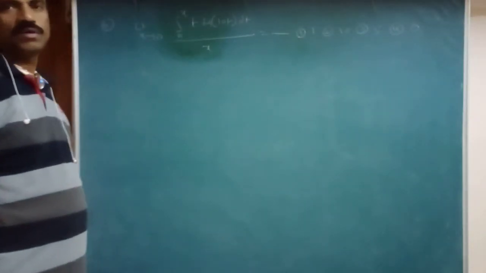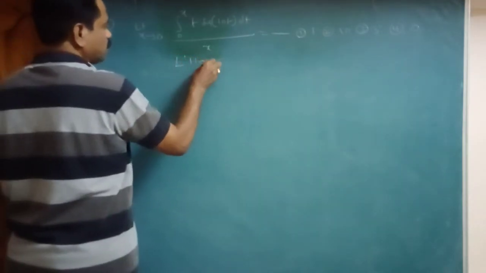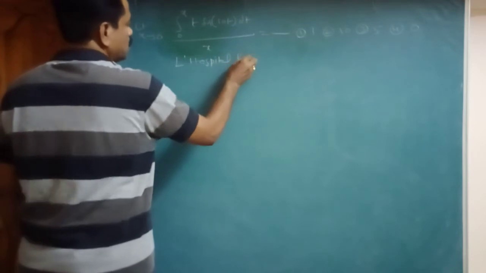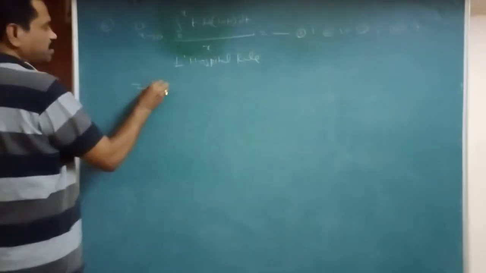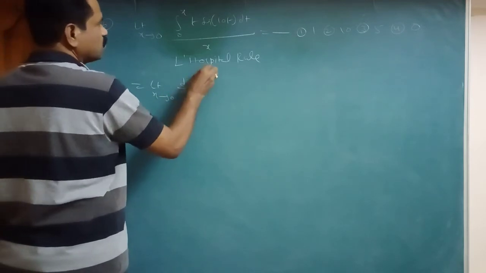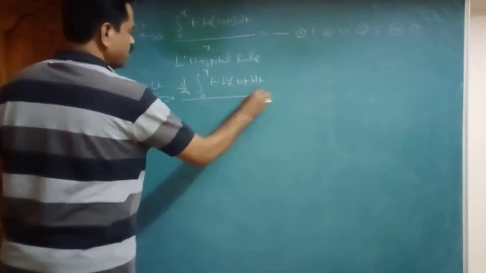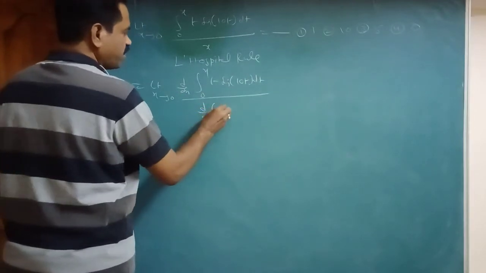Now what will you do? Apply L'Hospital rule. That equals limit x tends to 0, d by dx of integral 0 to x of t into sin 10t dt, divided by d by dx of x.